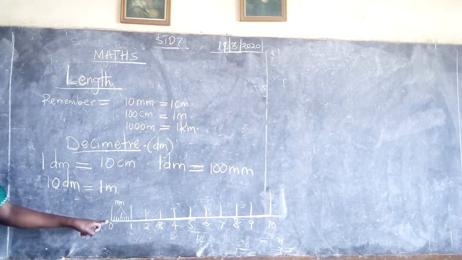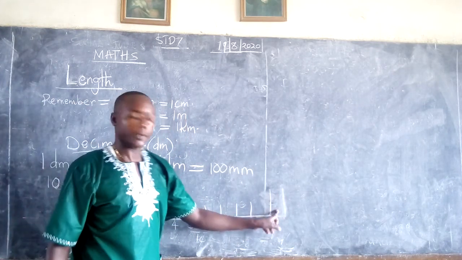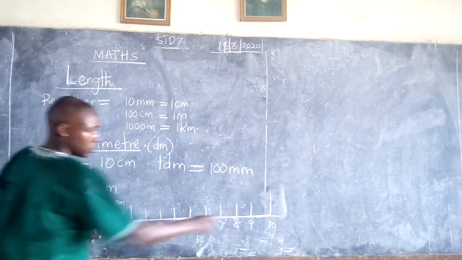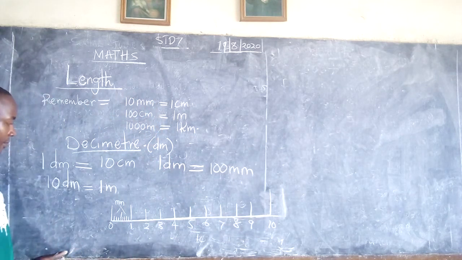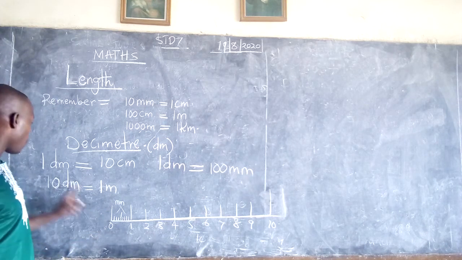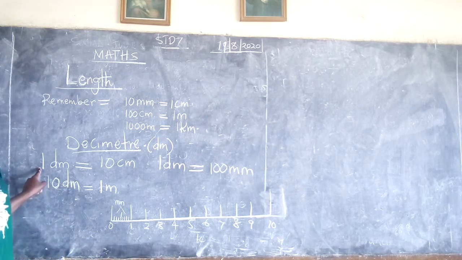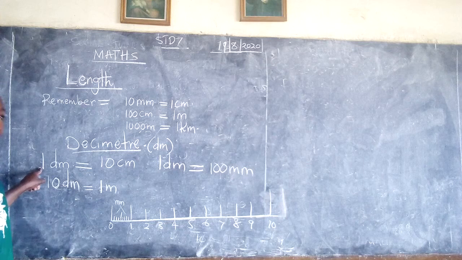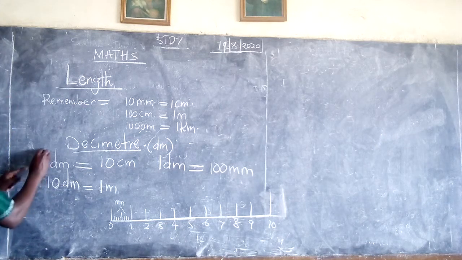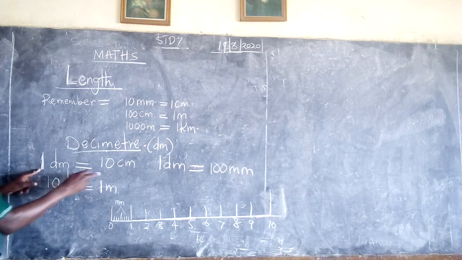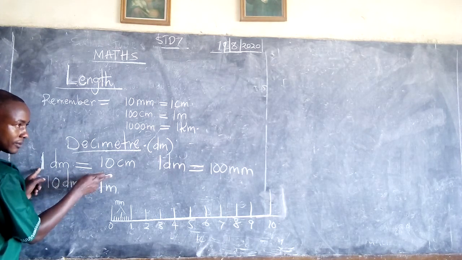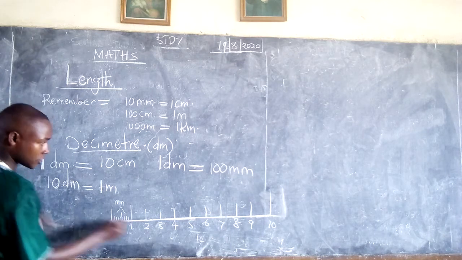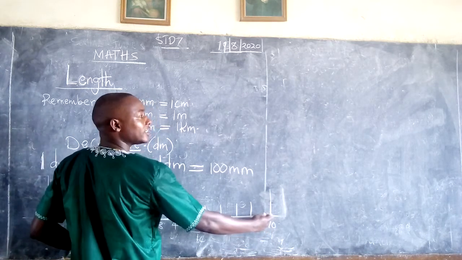So from end to end, from 0 to 10, that is exactly 1 decimeter.